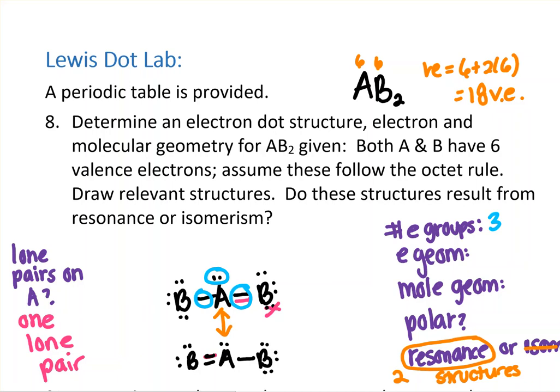We won't ask you about the number of electron groups on the test, but most instructors look at that first before we go to electron geometry. For the electron geometry, for 3 electron groups, the electron geometry is trigonal planar.